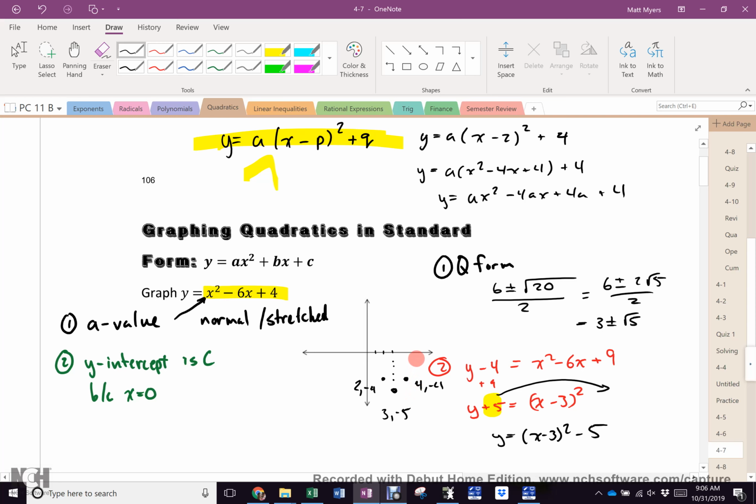What's the next point? 5. 5, negative 1. And what's this one over here going to be? No. 1, negative 1.